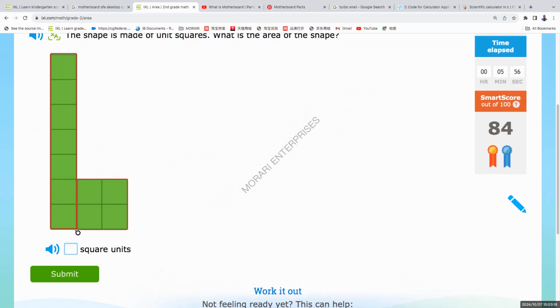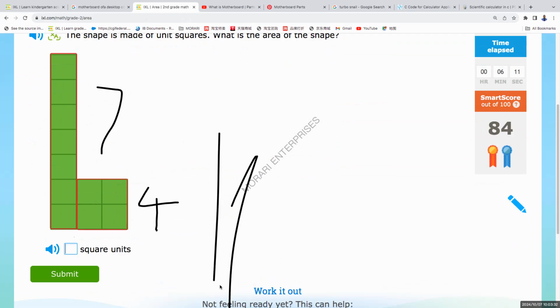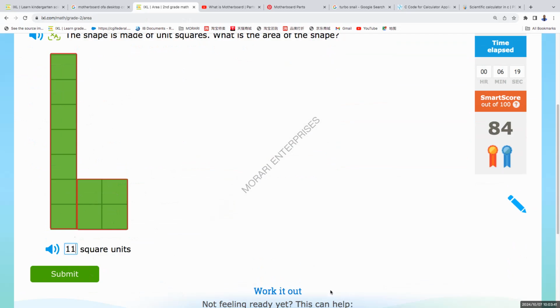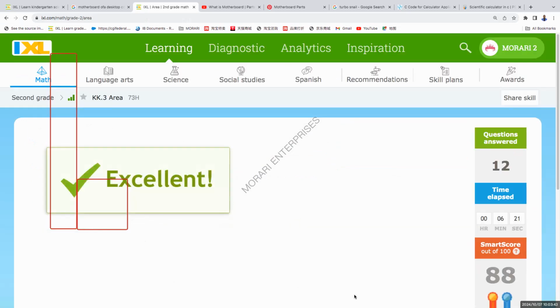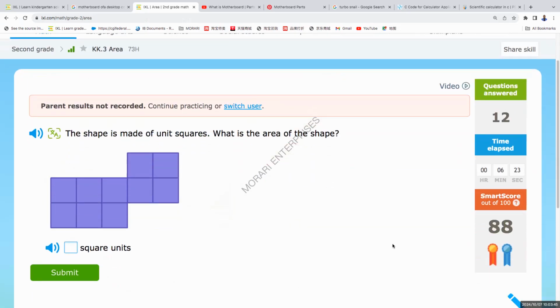This is just 1 unit times 6 units. So 6 square units. Here is 2 units times 2 units. You have altogether inside 4 square units. This is 4. This is 6. So total 11 square units.